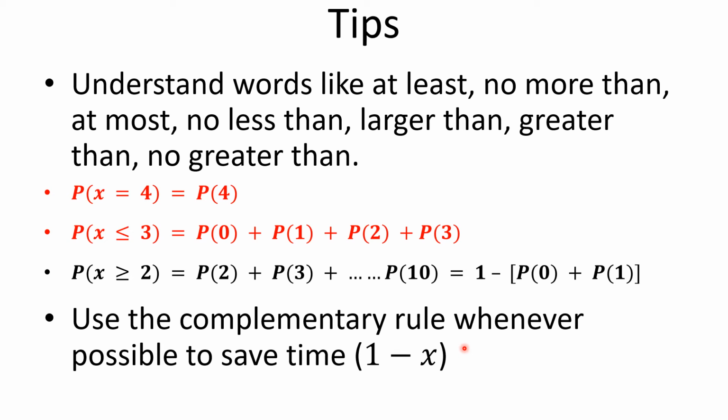So what do I mean? I need to find out greater than 2, which means I can find out the probability of 0 and add it to the probability of 1, and then add those together and subtract from 1, which means I can get anything above 2. To simplify that, I'll give you an example.